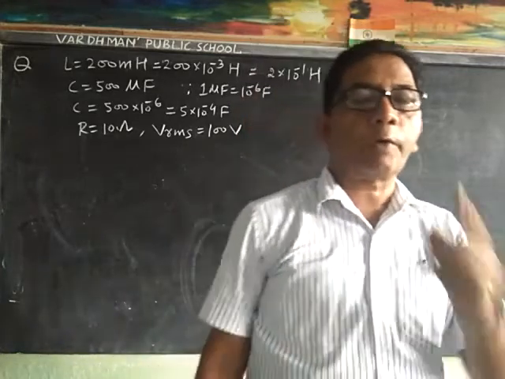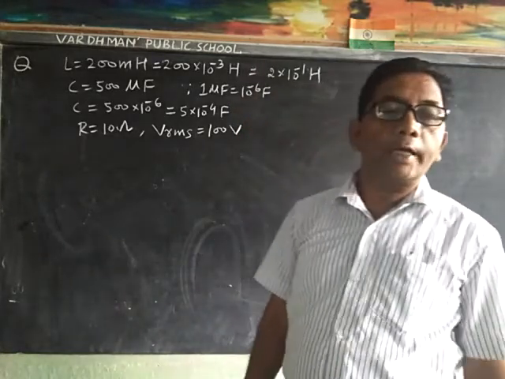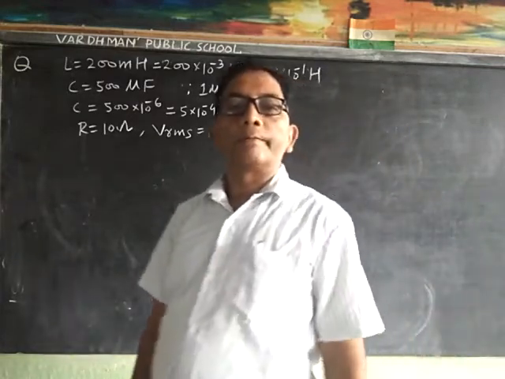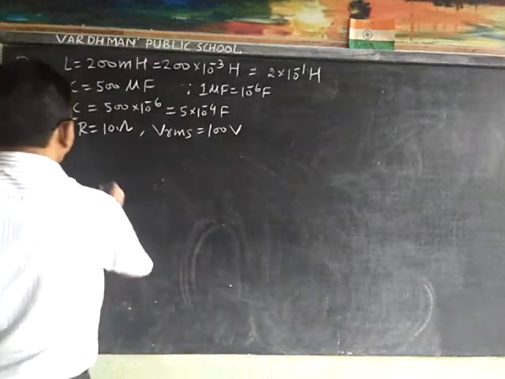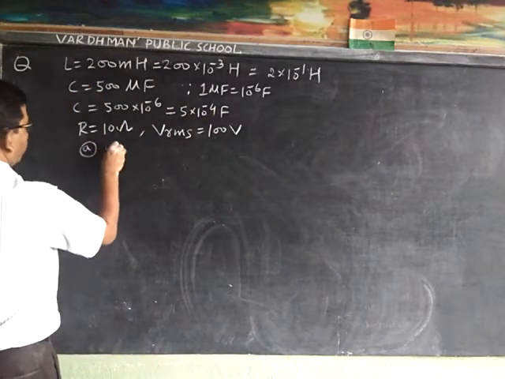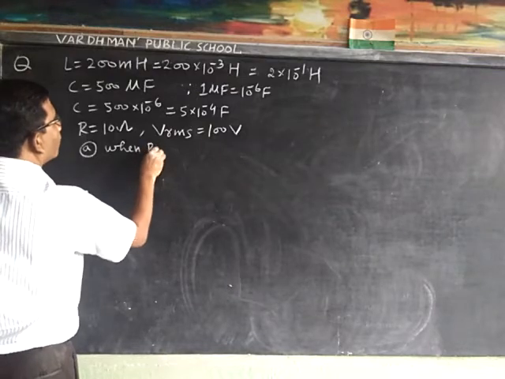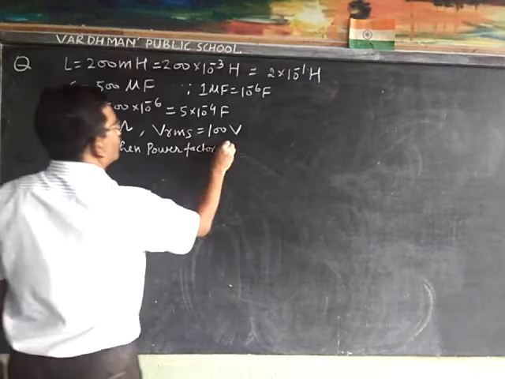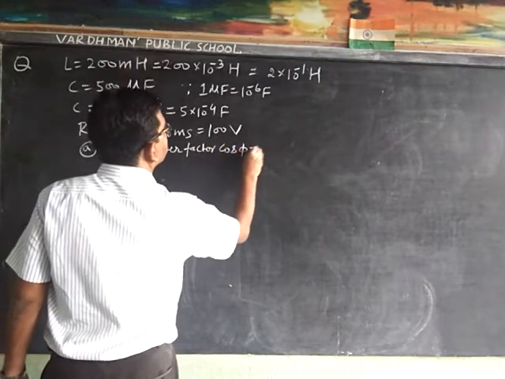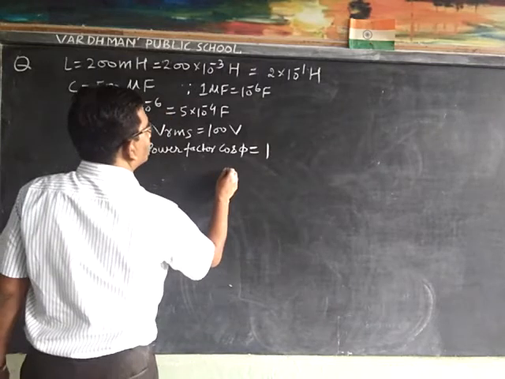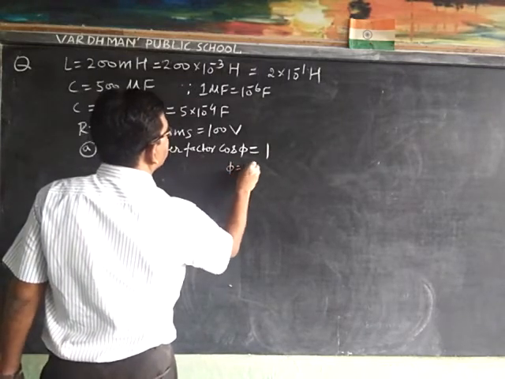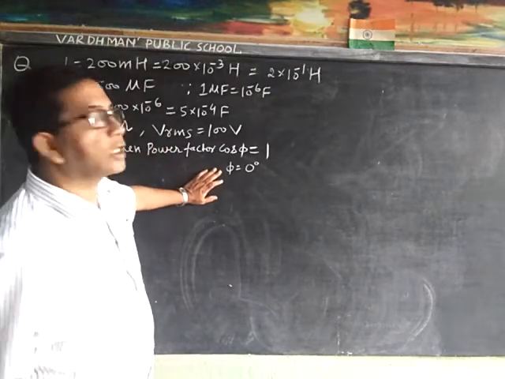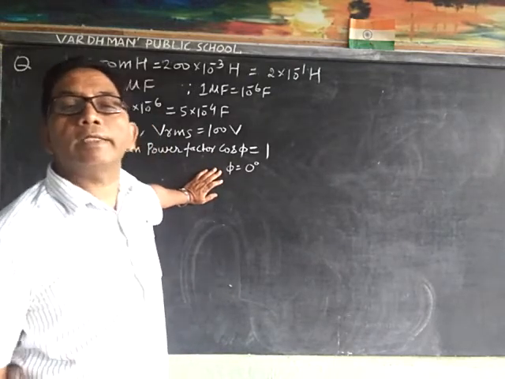Now first part is to find the frequency at which the power factor is unity. When power factor cos phi is equal to unity, that is 1, then phi is equal to 0 degree. This is the condition of resonance in the LCR circuit.